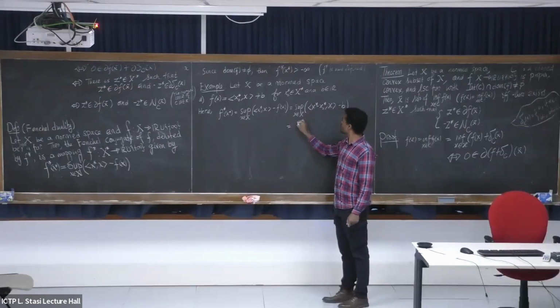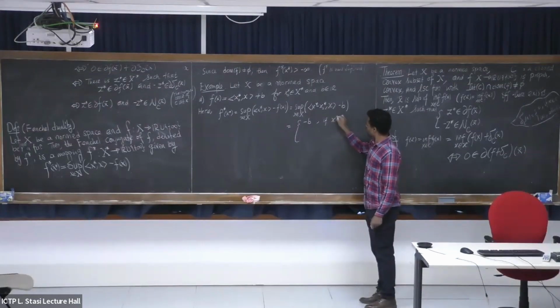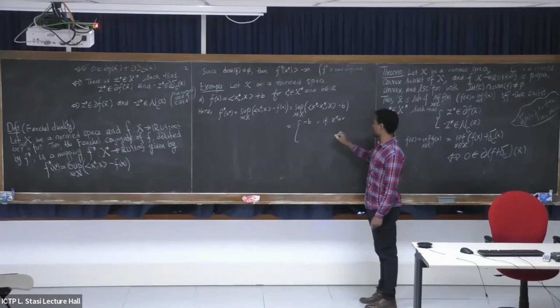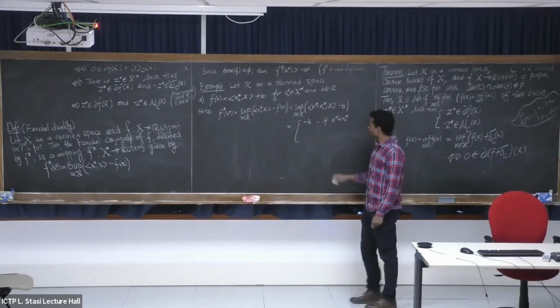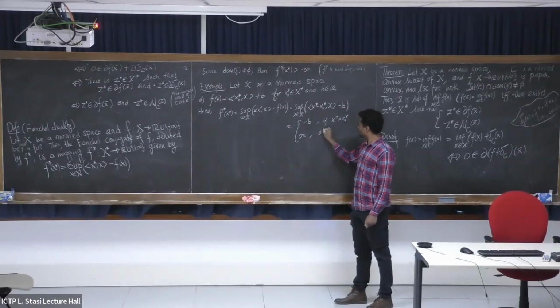If it happens that this is zero, it will be minus b, if x star is equal to x naught star. If it's not happening, this value will be infinite.